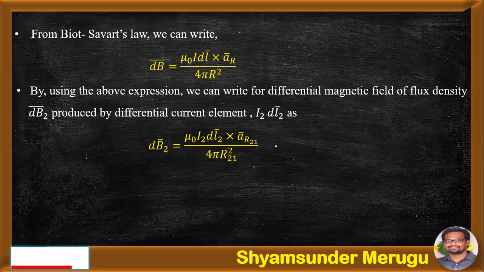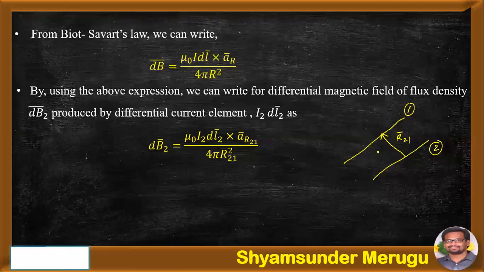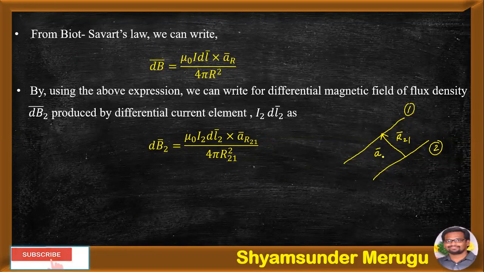So here the force that we are going to calculate is from current element 2 to current element 1, so the distance vector that we can write is r bar 21, and the unit vector that we will write is A bar r21.